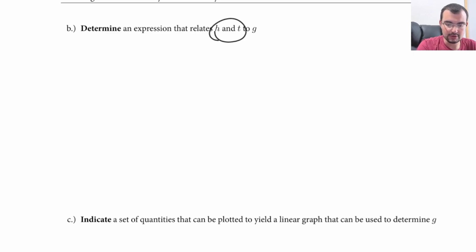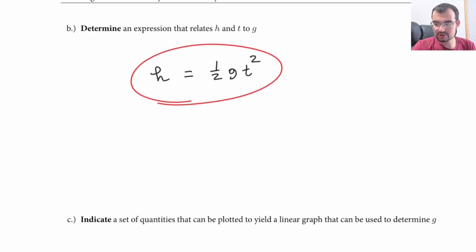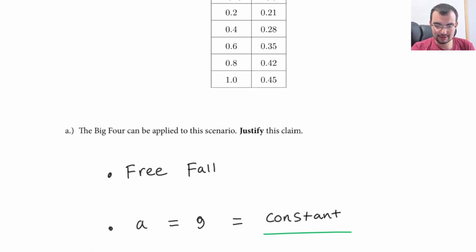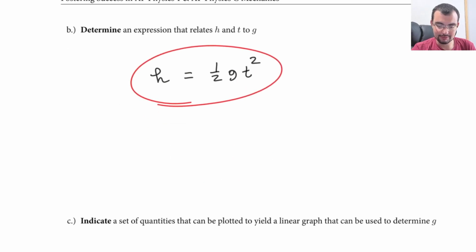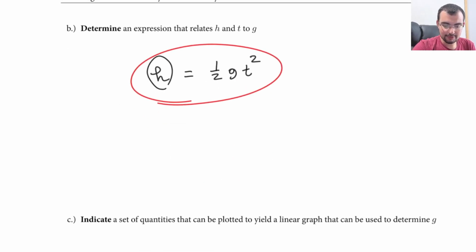You want these two things on opposite sides. So h equals 1/2 gt squared. I'm done. That's my formula. This just says get me a formula that has the two table variables in it and the thing we want to calculate. We have lots of data for h, we have lots of data for t, and using that we can somehow get g.